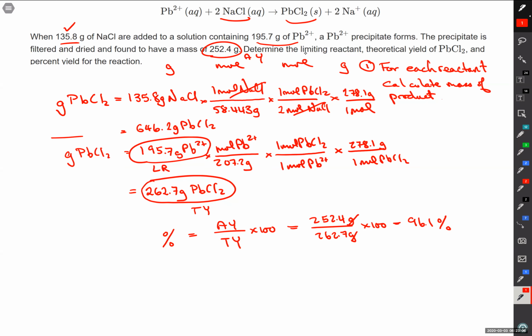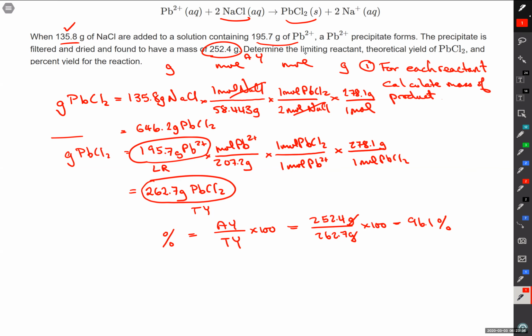You know how in the second part we converted lead over to lead chloride? And in the first part, we went from sodium chloride to lead. Yeah, you have to go to this. When you're doing this sort of theoretical yield calculation and you're given two reactants, you have to take both reactants to the same product, the same point, so that you can compare.